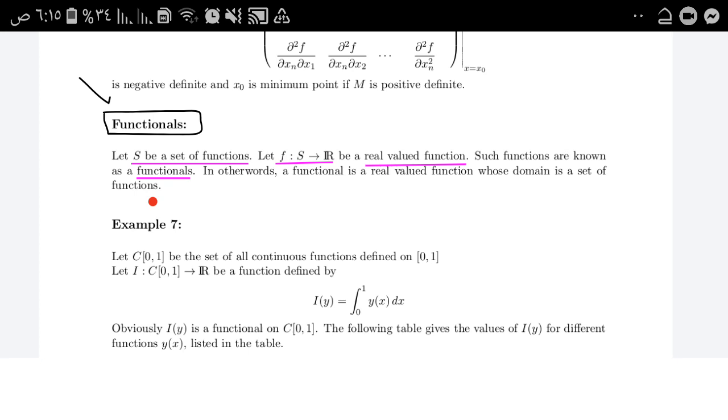As I told you. همونجوری که بهتون گفتم یک فانکشنال یک تابع حقیقیه که دامنش یک مجموعه از توابع باشه. بنابراین یه همچین تابعی که این x هم حقیقی باشه، عدد باشه.